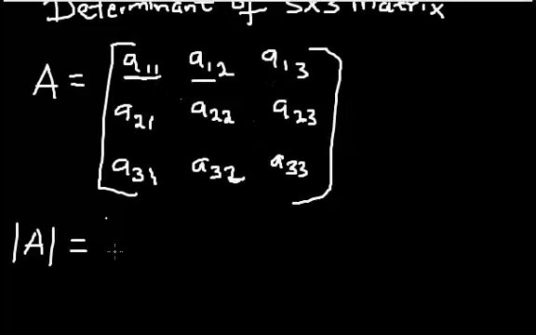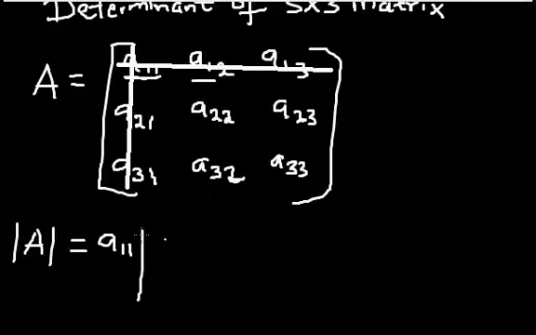I'm going to start with the very first element, which is A11. It is multiplied by its corresponding 2 by 2 matrix. How will I get the corresponding 2 by 2 matrix of this first element? It is very easy. All I need to do is to cross out the row and also the column of the element whose matrix I want. Once I do that, the elements that are left become the corresponding 2 by 2 matrix of that element.